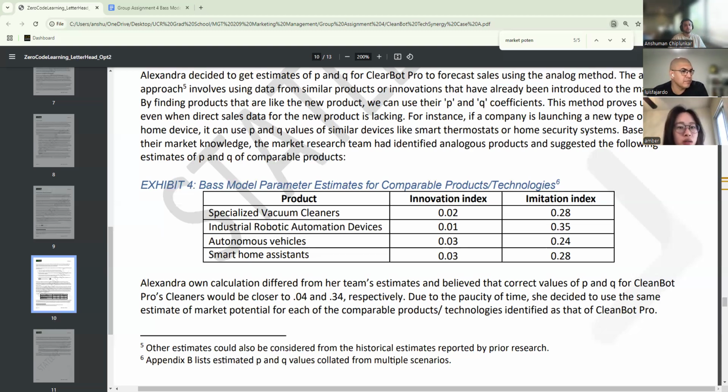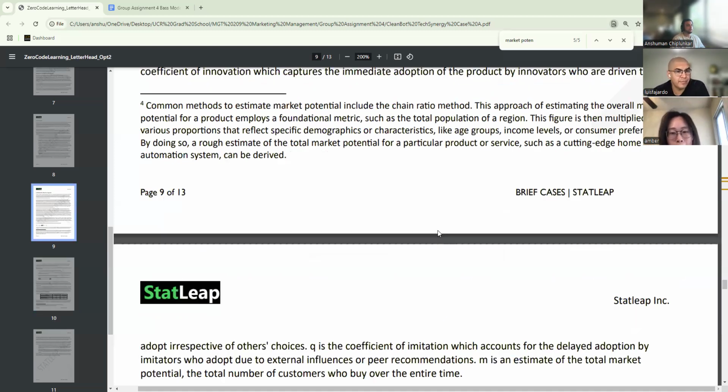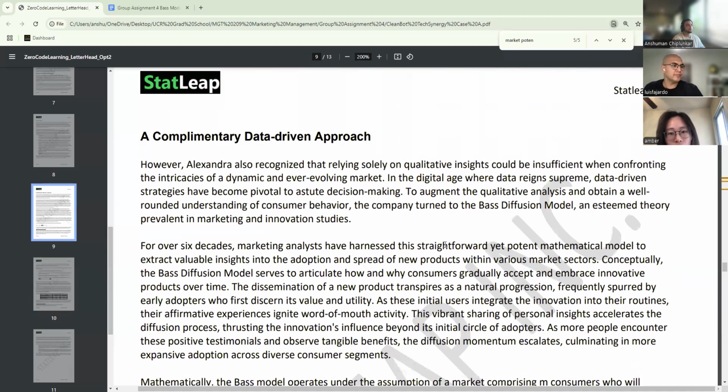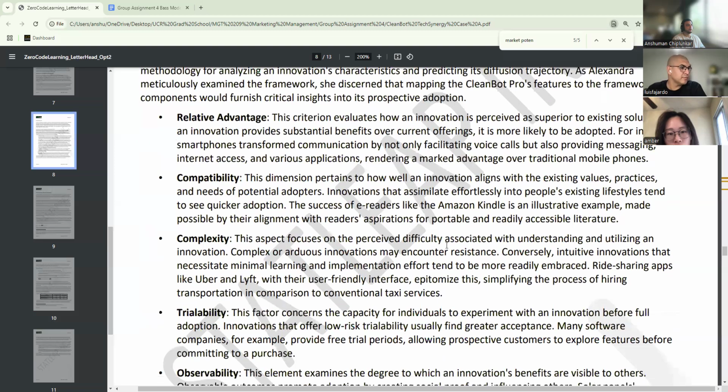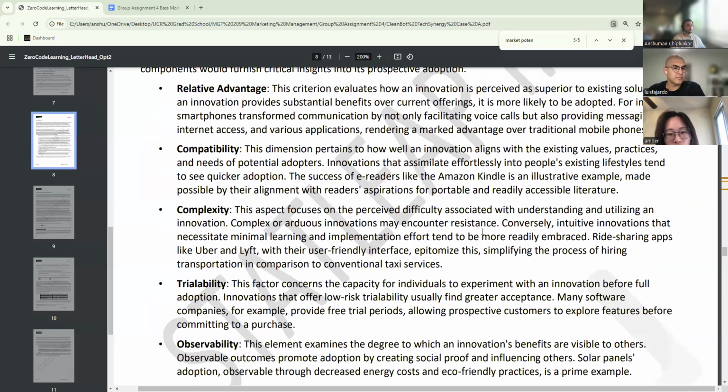Yeah. So this is going to be built around the big five elements of product right here: the relative advantage, compatibility, complexity, trialability, and observability. We're basically going to break down each of these 5 points in a more granular way.